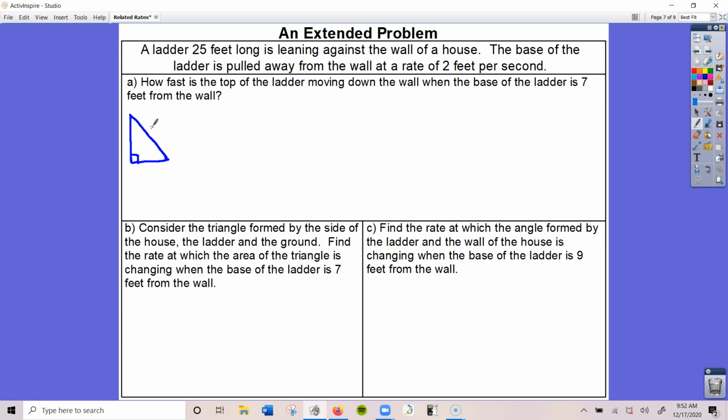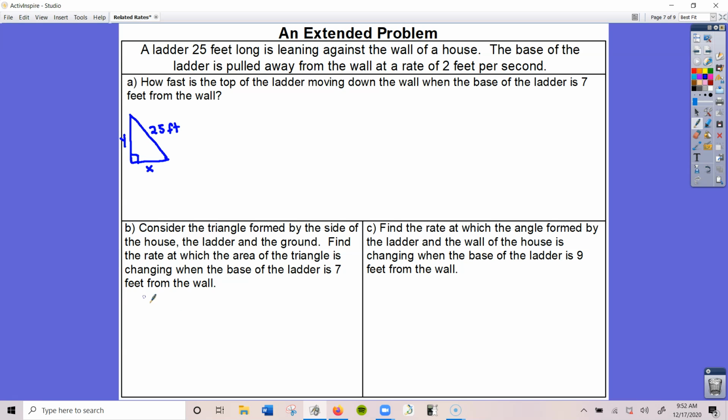The ladder is 25 feet. We're going to call this x and this y, since these are both unknowns, because as the ladder is being pulled away from the wall, x is going to increase, while y is going to decrease, because the ladder will be going down the wall but away from the wall.